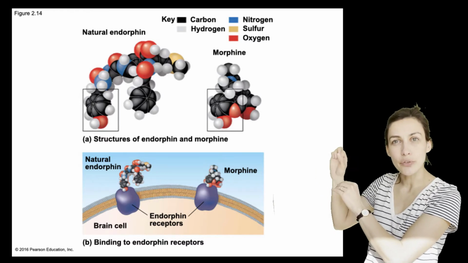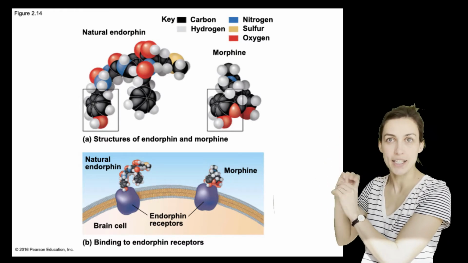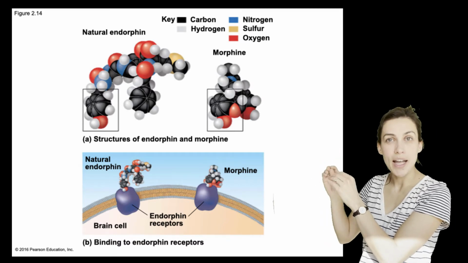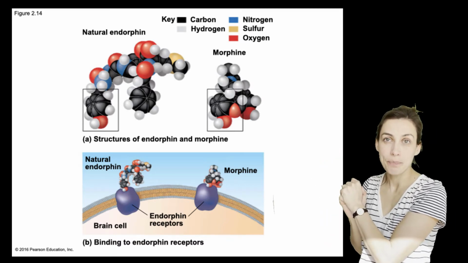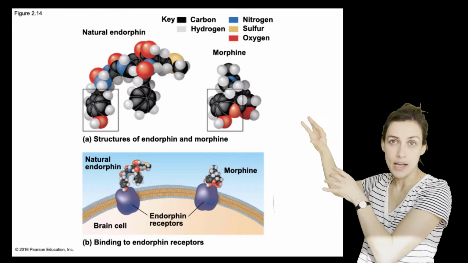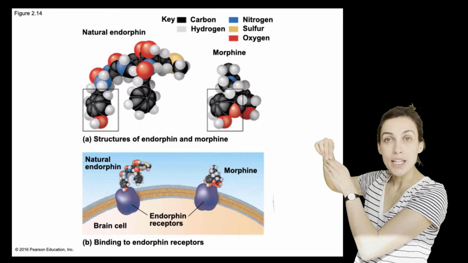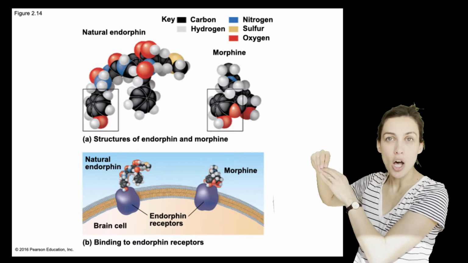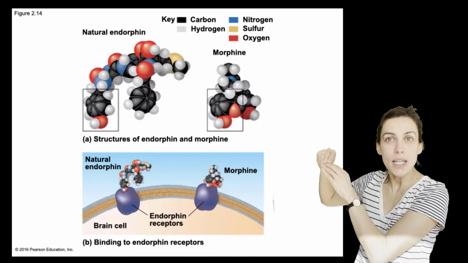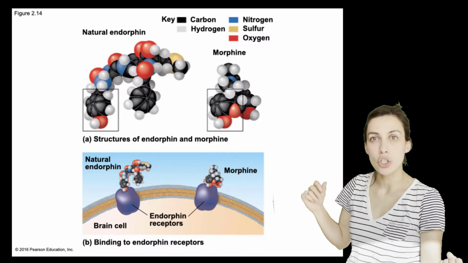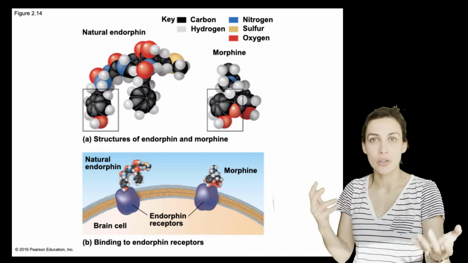And on the surface, like through the latex of the balloon, there are proteins called receptors. When a molecule that's floating outside of the cell bumps into that receptor, it fits like a key in a lock. And when that happens, the receptor can feel the tight fit and it sends a message to your brain cell to do a certain thing.